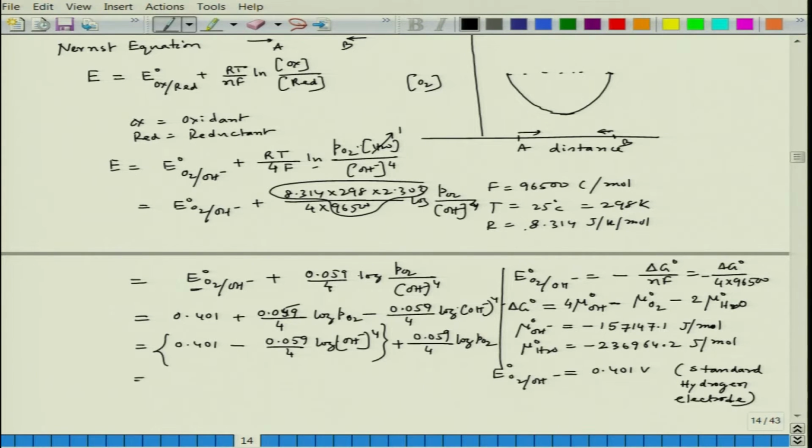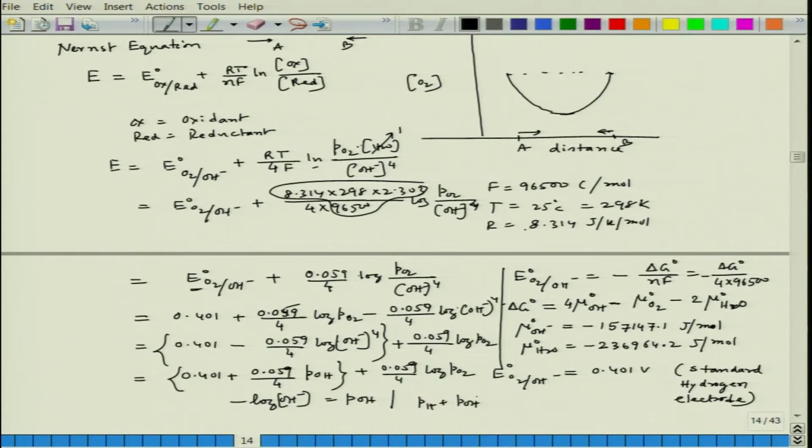Now, I can write it as POH, PO2. Okay. Now you see, log OH minus is nothing but POH, and one can do this small calculation: pH plus POH is nothing but 14.